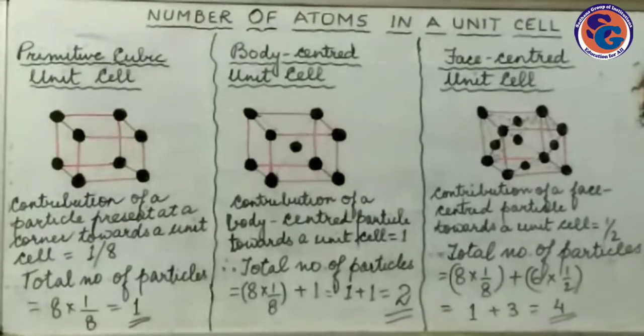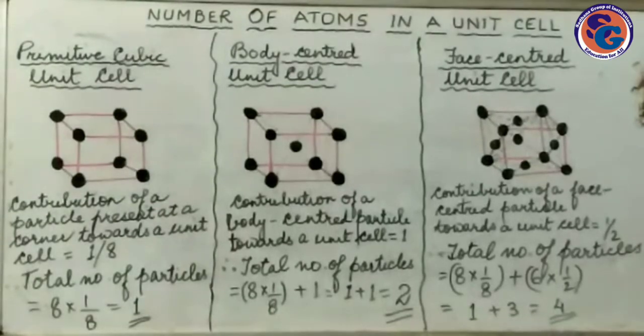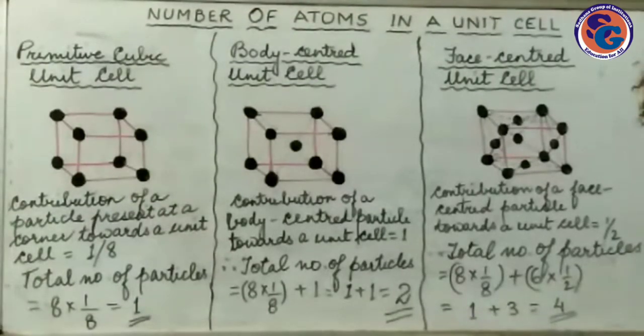So the total number of particles in a BCC is equal to 8 into 1 by 8, that is the contribution of the particles which are present at the corners, and 1, which is the contribution of the body-centered particle. So it sums up to 2. That means a body-centered unit cell has 2 particles, 2 atoms, 2 molecules, 2 ions and all.